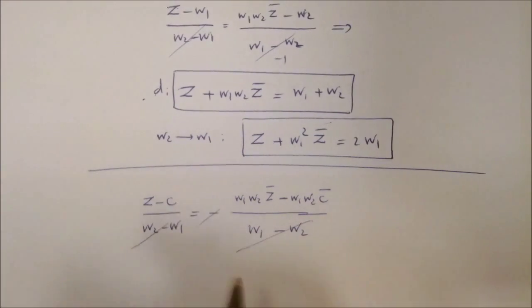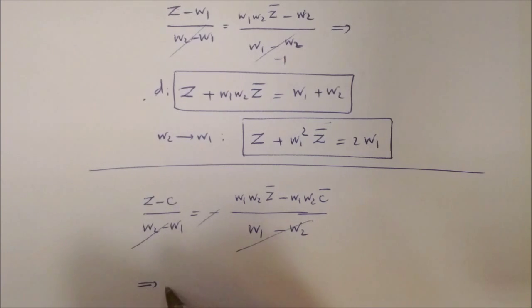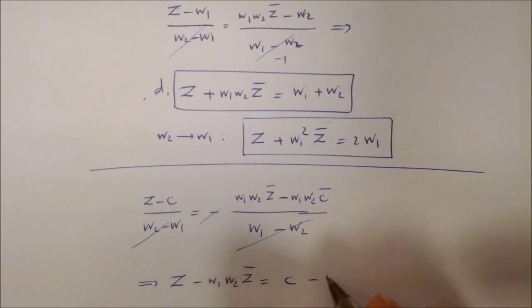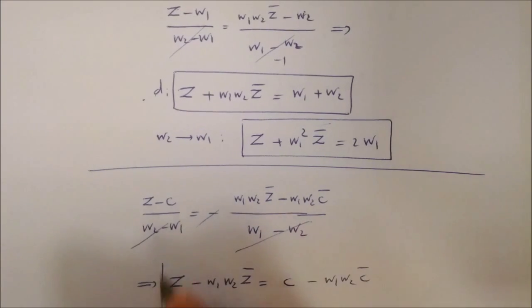So I'll have Z minus W1 W2 Z bar is equal to C minus W1 W2 C bar.